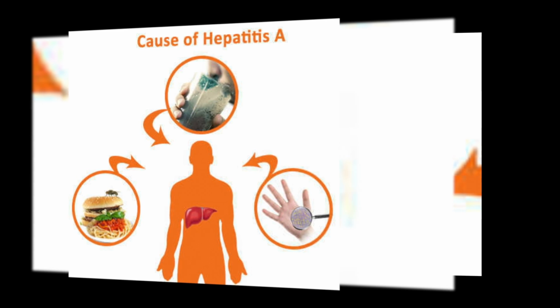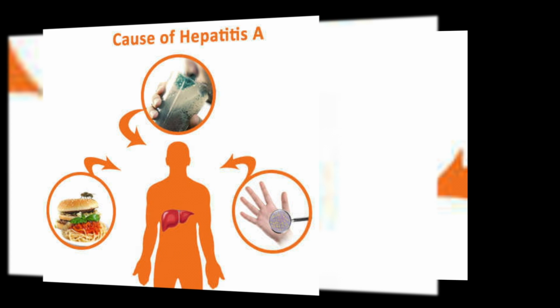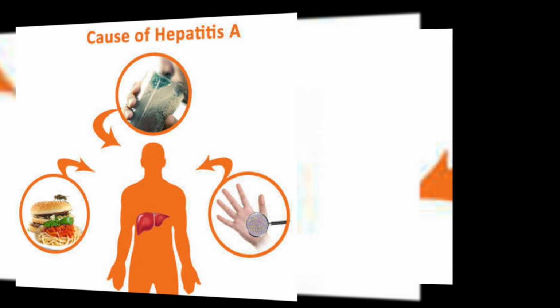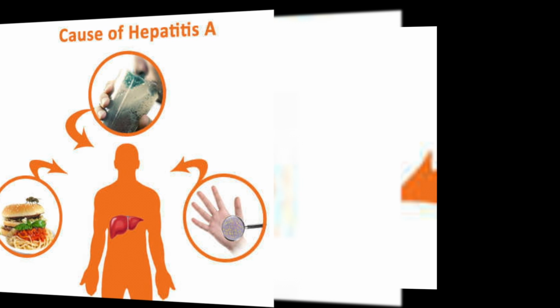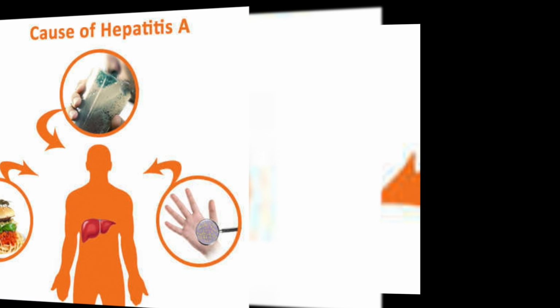By oral-fecal, what we mean is that when one ingests contaminated food of somebody who has hepatitis A, because it is excreted in the feces of an infected person. So when this infected feces gets into contact with food and one takes in the food, one gets exposed to hepatitis A virus.